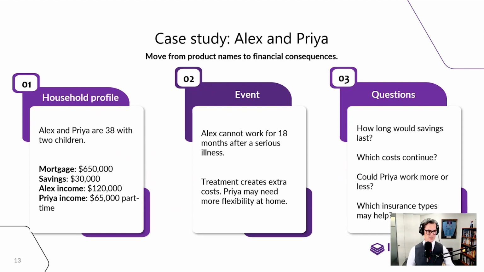So again, it highlights the reasons why you would want to have these conversations with clients, because there are ripple effects from accidents and illnesses. So again, ask clients the questions: how long would your savings last if this situation were to unfold? Would some of these costs potentially continue?